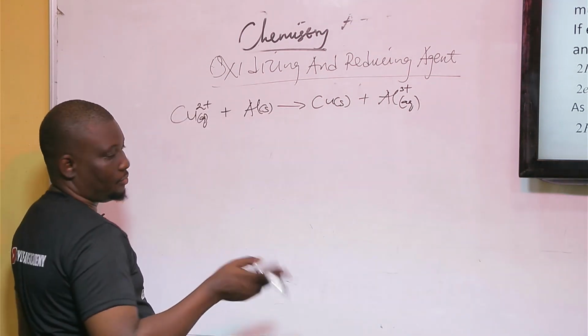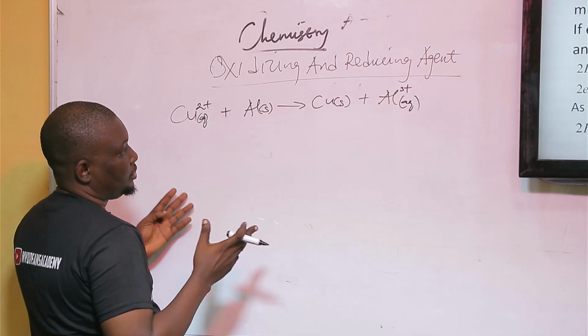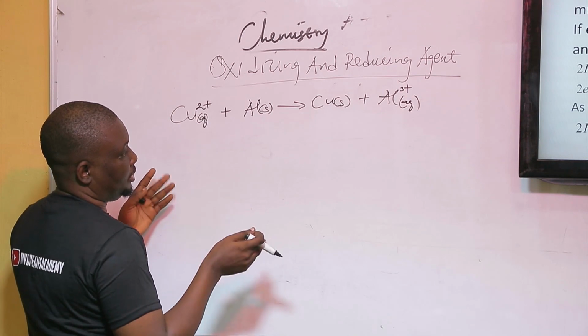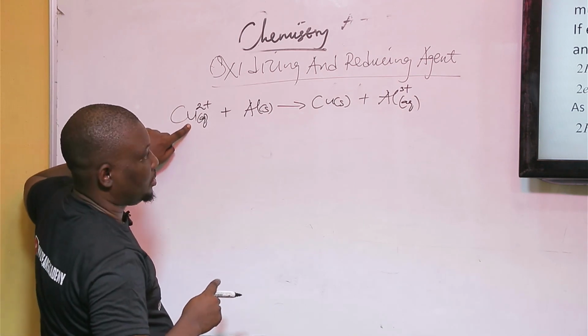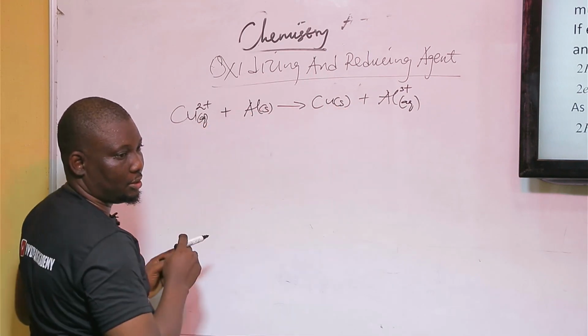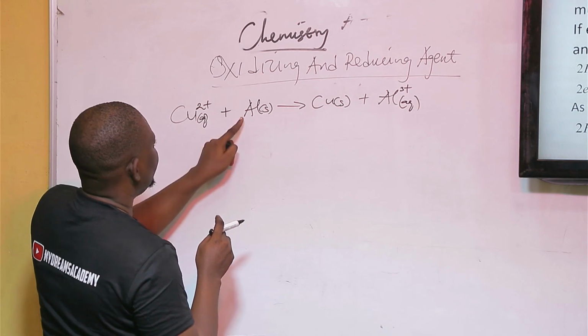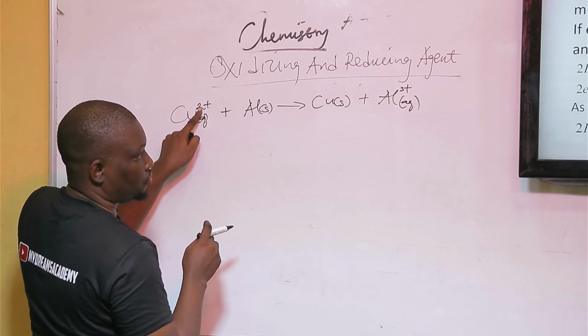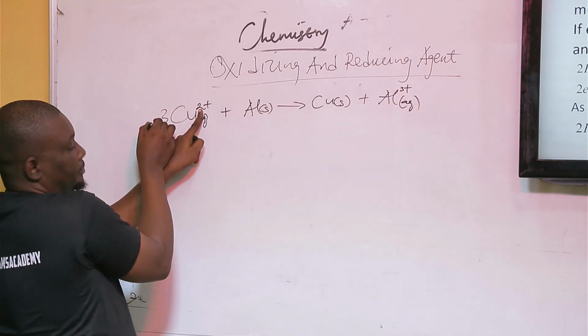I think the best method of balancing this is to exchange the ions. Copper has 2, aluminium has 3. Exchange it. So since copper has 2, place this 3 here.